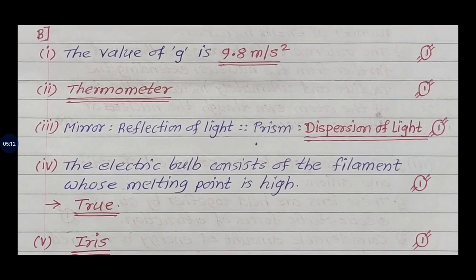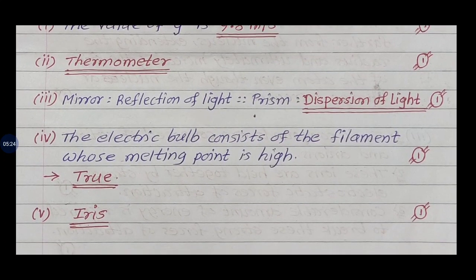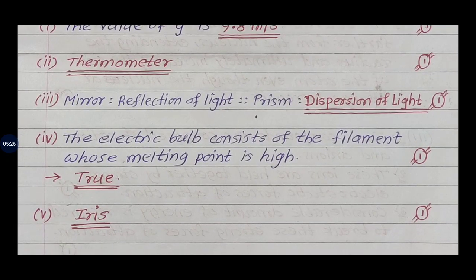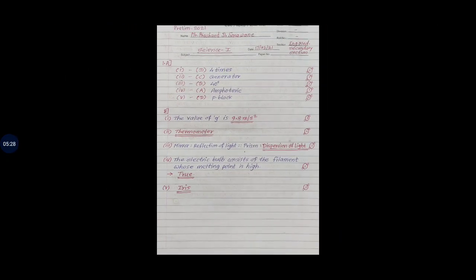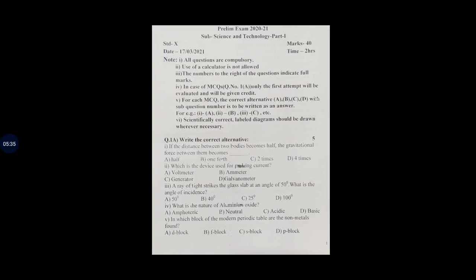So mirror, reflection of light, prism, dispersion of light, underline that properly. In true or false, if you write the question with the answer, that is also okay. Otherwise write the direct answer, that is true. And the last one, the answer is Iris. In this way your first question of 10 marks is completed within very little time. Don't waste more time in this case.